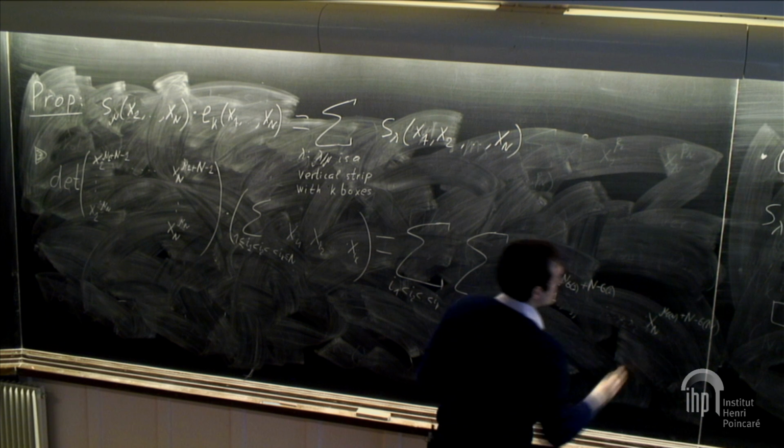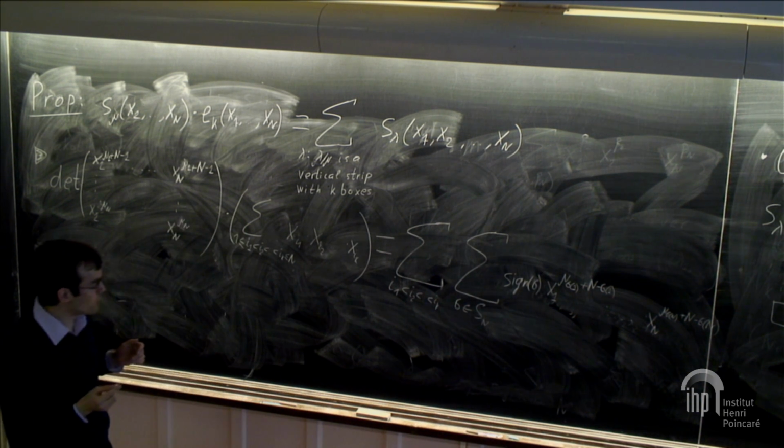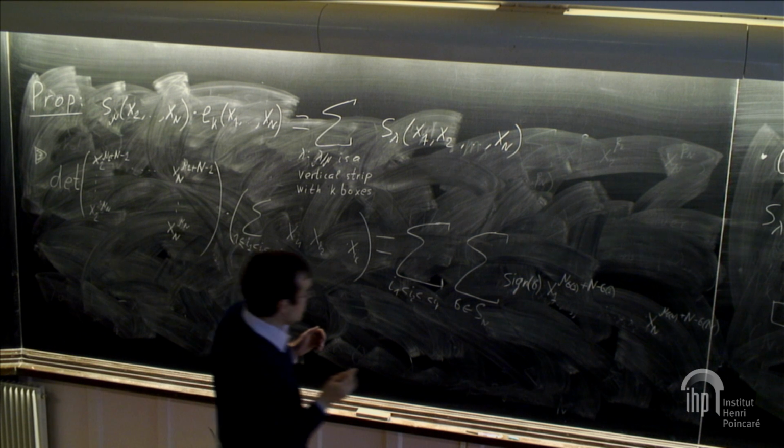Here I need to write something awful. I'm sorry for this computation, but I feel that I need to prove something in this course, so I'm trying to do this.